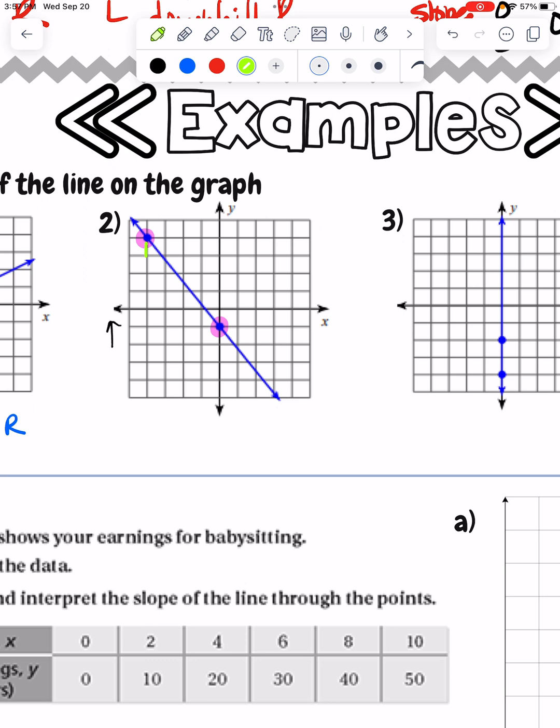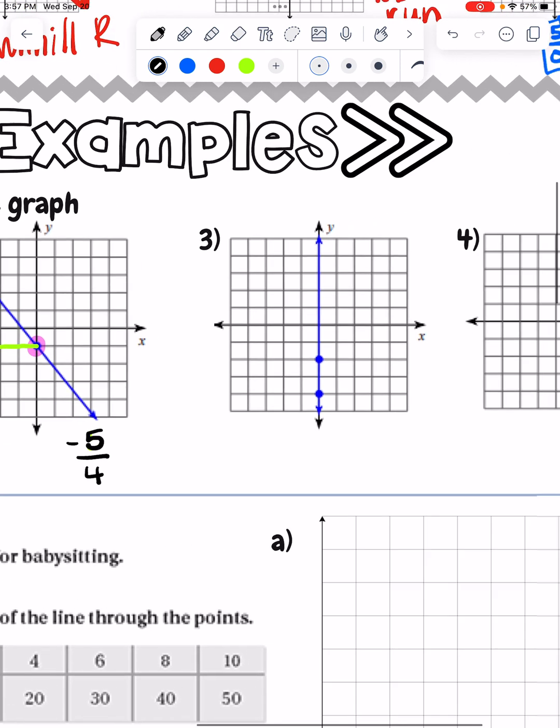So we're going to go 1, 2, 3, 4, 5, and we're going to run 1, 2, 3, 4. So our rise, we'll have 5, and we know that it's negative because we went down 5, and our run was 4. So our slope for this negative graph is -5 over 4.